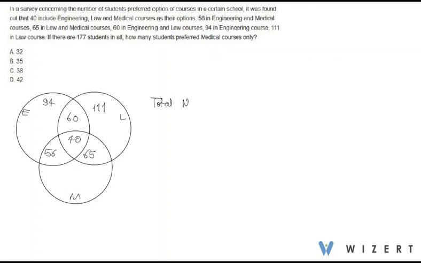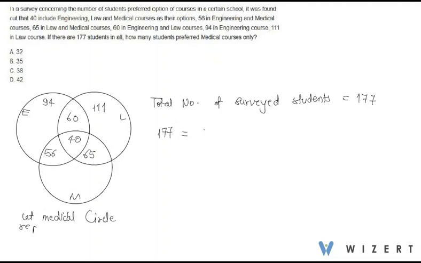Total number of surveyed students is 177. We have to find how many prefer medical course only. Now let's see what are the numbers here. 177 is equal to, let the medical circle represent X students.